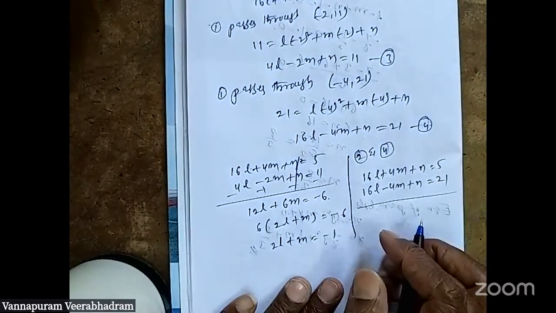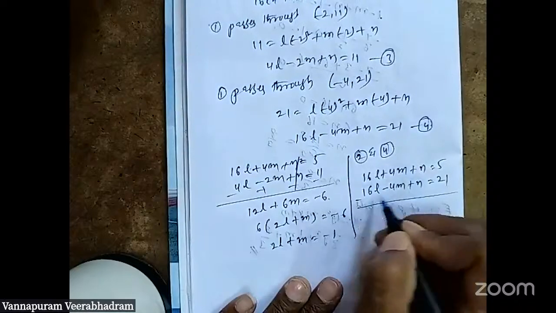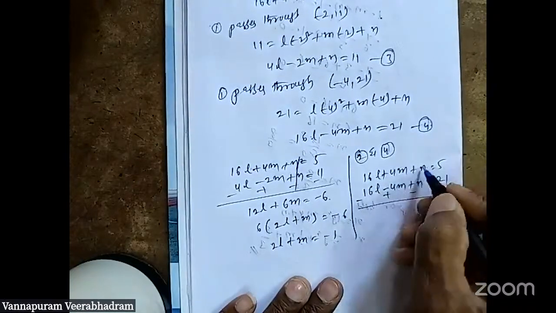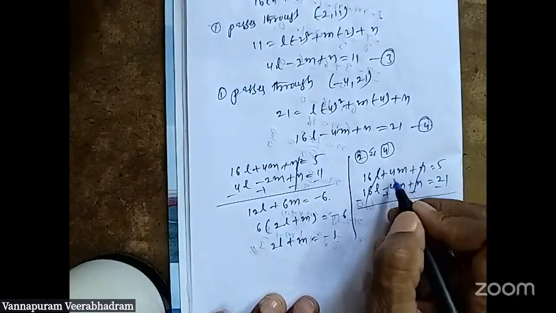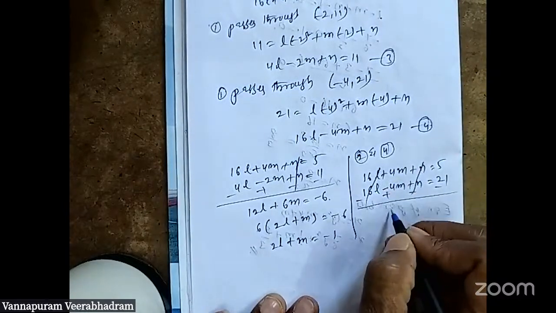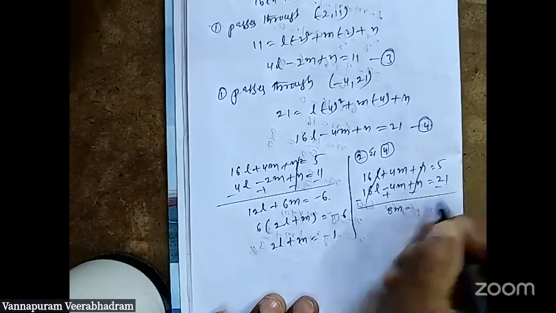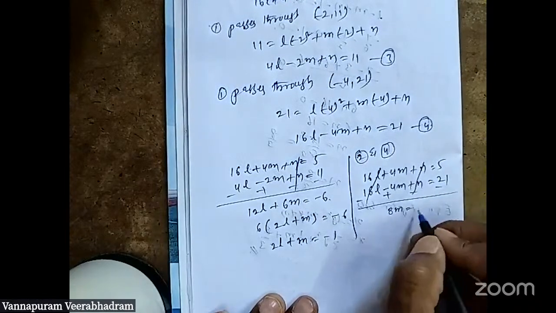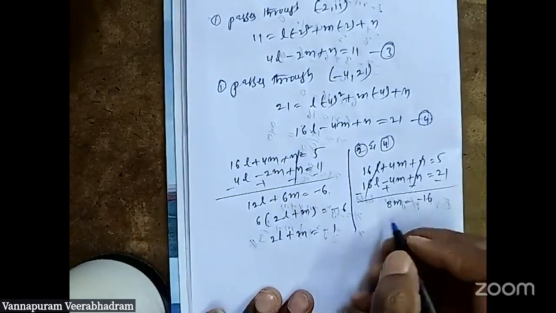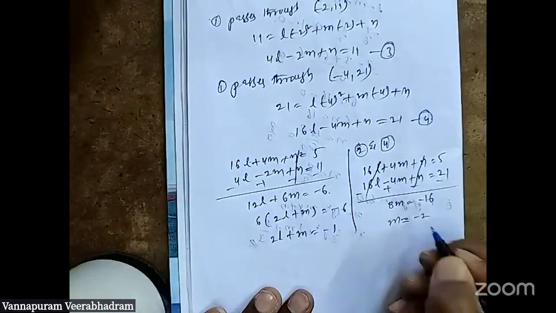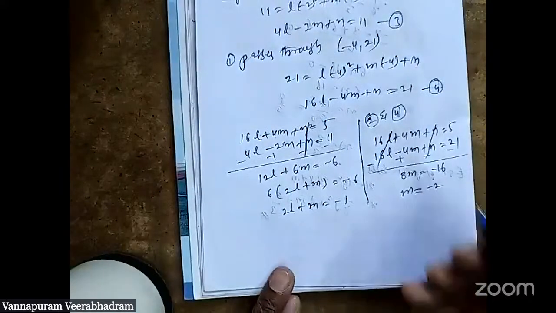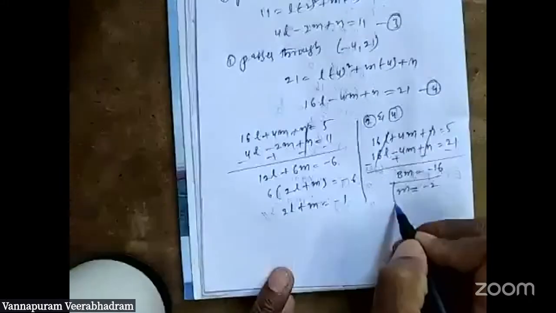On subtraction, we get minus, this is plus, minus, and minus. So n gets cancelled. Here also 16L minus 16L gets cancelled. So plus 4m plus 4m, that is 8m, is equal to 5 minus 21, that is minus 16. So here m equal to minus 2. So here we got the m value, m equal to minus 2.